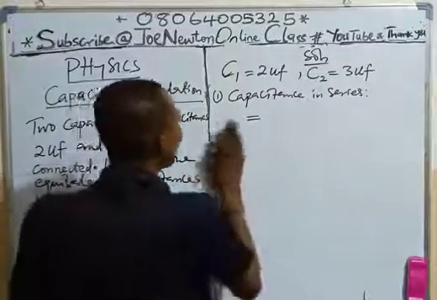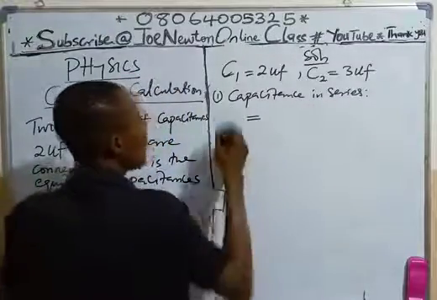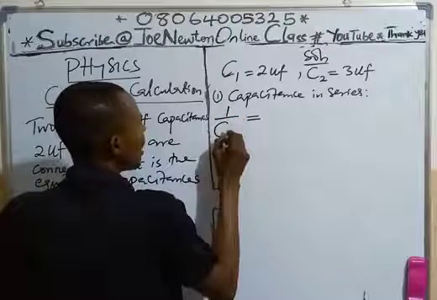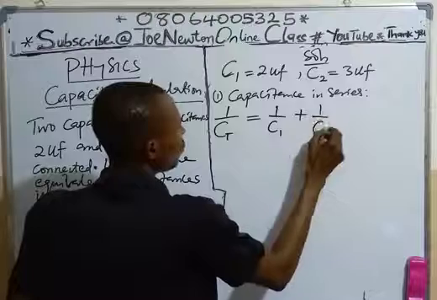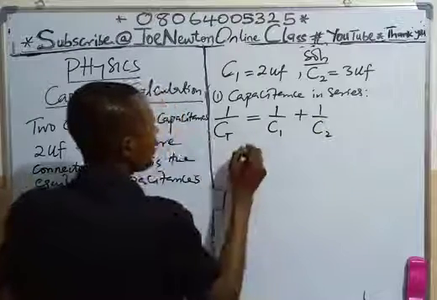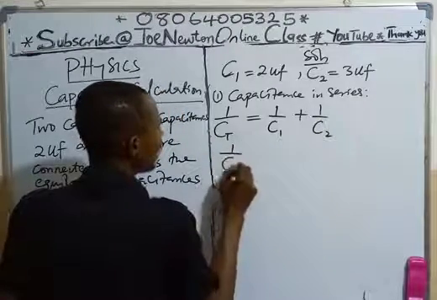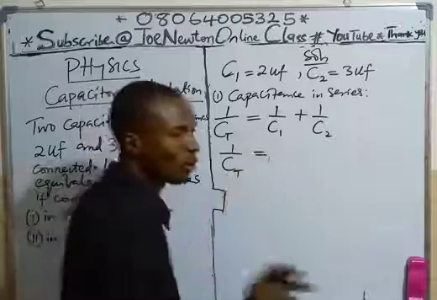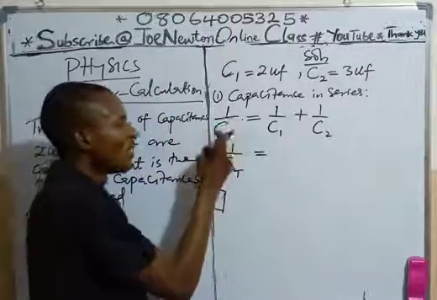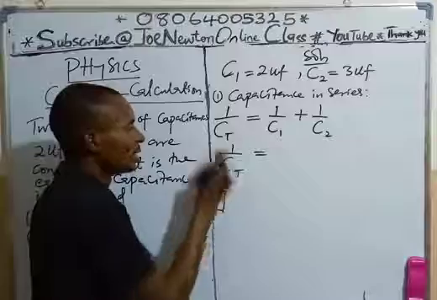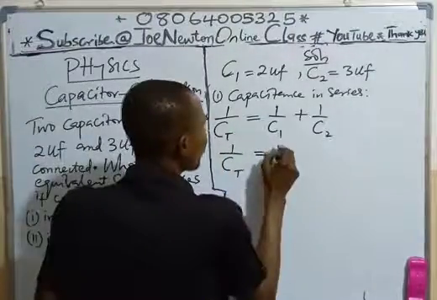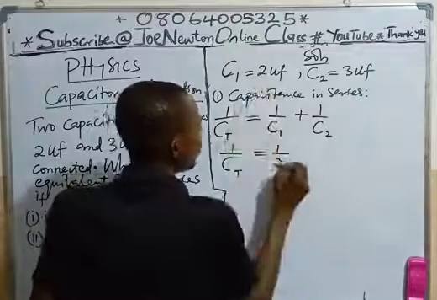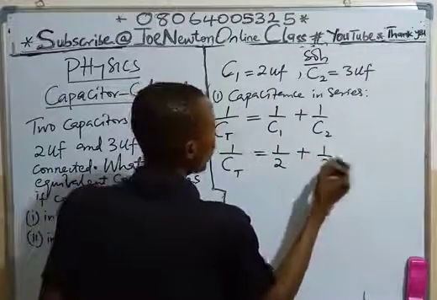Now, that will give us here, for the first one in series, 1 over C total is equal to 1 over C1 plus 1 over C2. Remember to start with the reciprocal of the equivalent. 1 over C total goes to 1 over our C1, which is 2, plus 1 over 3.